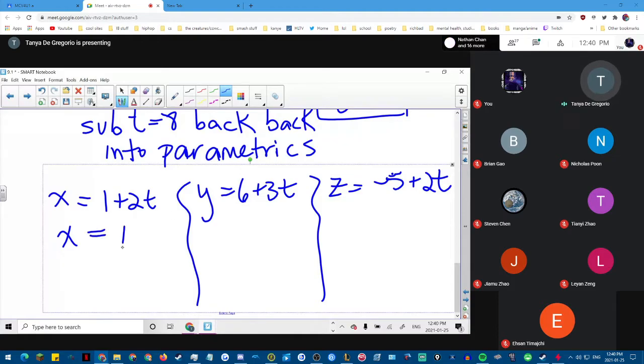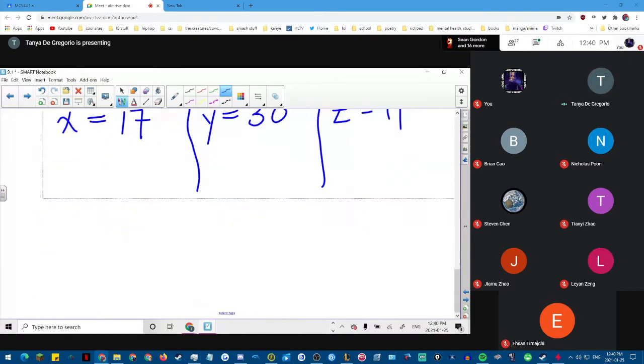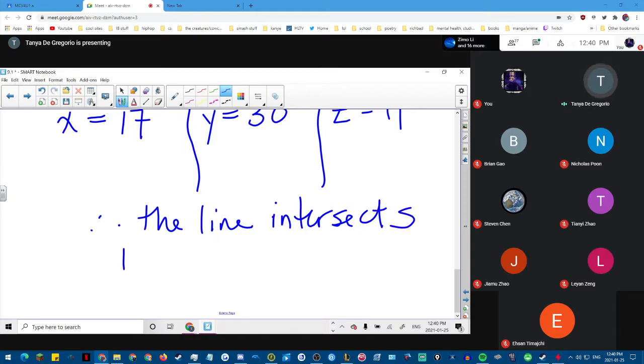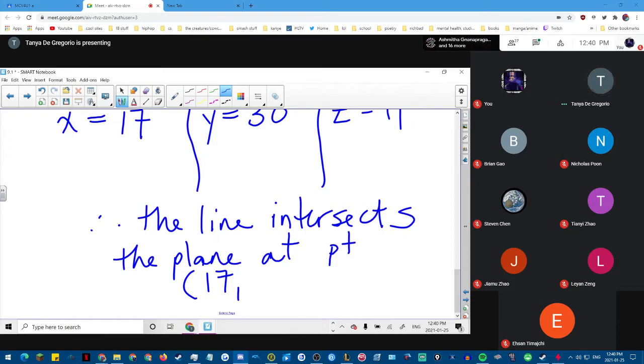And so subbing in, I get 17. I get 30. And I get 11, 16 minus 5. Therefore, the line intersects the plane at the point 17, 30, 11. Are there any questions?